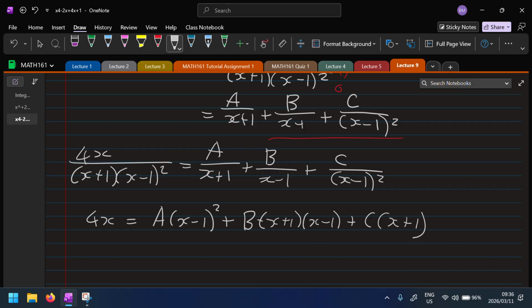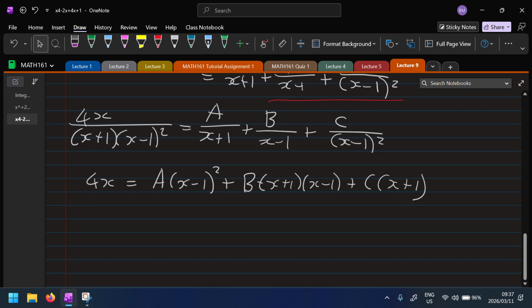Now, we did the system of equations in the last example. Now we're going to do the choosing x values, right? Just to give you some practice for the two. So here, any guess for the first value of x? Someone said 1. Yeah, 1 was perfectly fine.